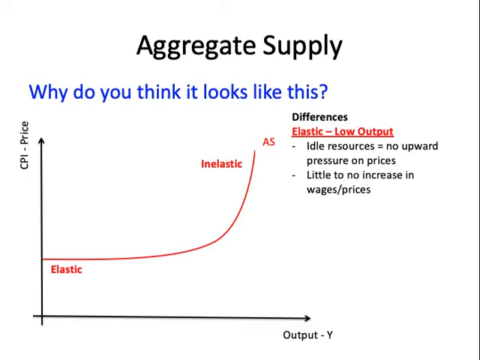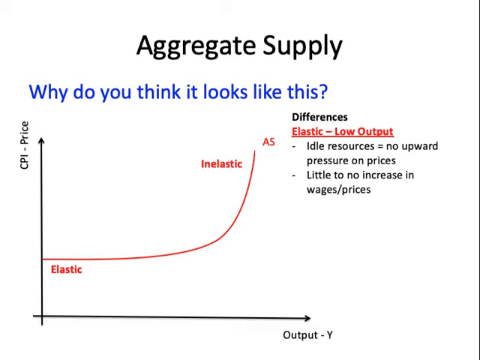And if our economy is very slow, and we have idle resources just sitting there waiting for the next uptick, then if companies, businesses, governments want to start producing more and increasing output, prices don't actually need to increase, right?